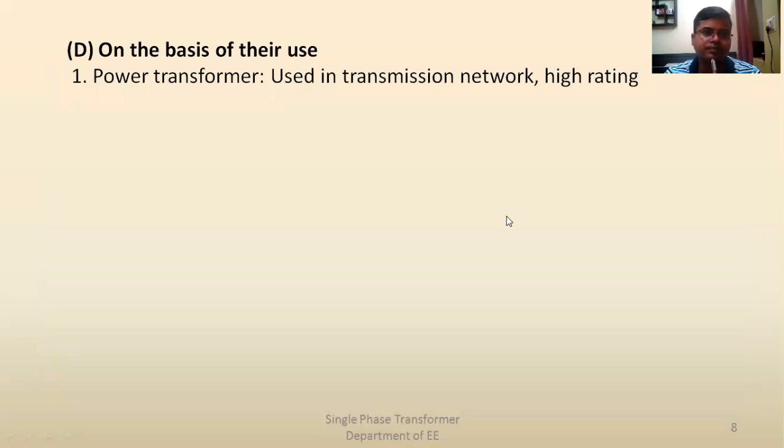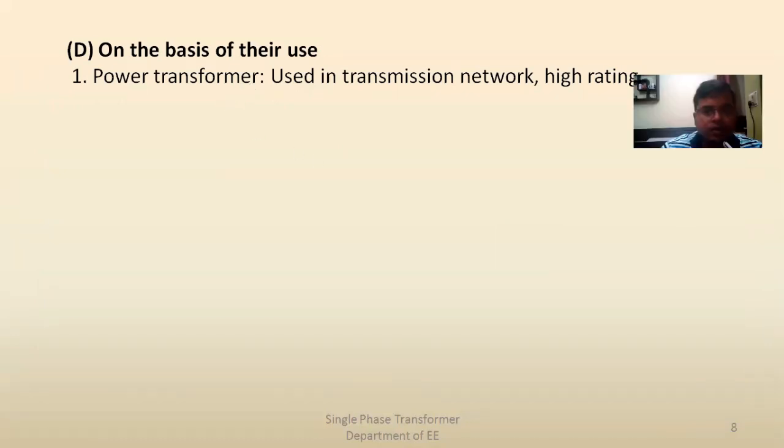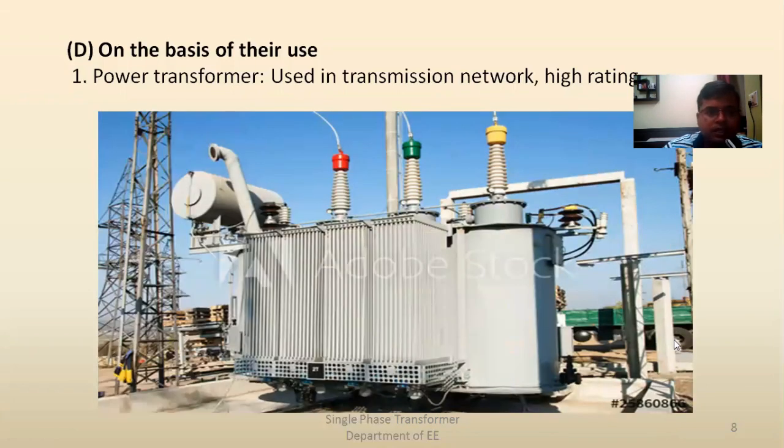Now see, on the basis of their use, okay. There are two types of transformers. One is power transformer and another is distribution transformer. Now see, this is power transformer. See the picture.